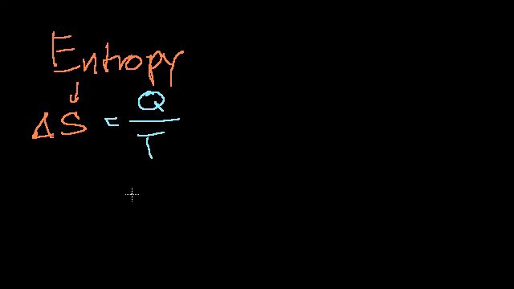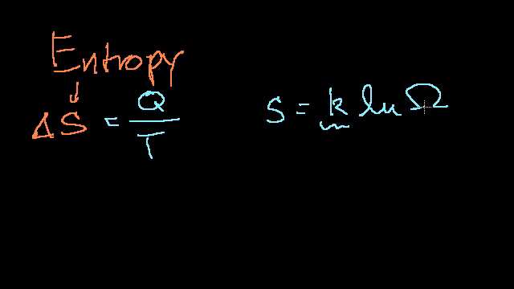Now, in our statistical mechanics world, we define entropy as some constant, and it's especially convenient if this is Boltzmann's constant, times the natural log of the number of states we have. Sometimes it's written as omega, sometimes other things.